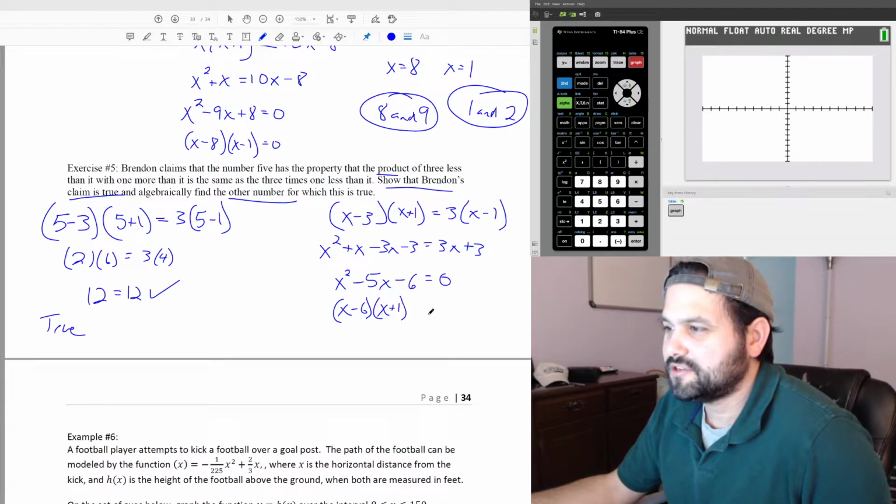And x plus 1. So x equals, hold on, did I do this right? Hold on. x equals 6. And x equals negative 1.